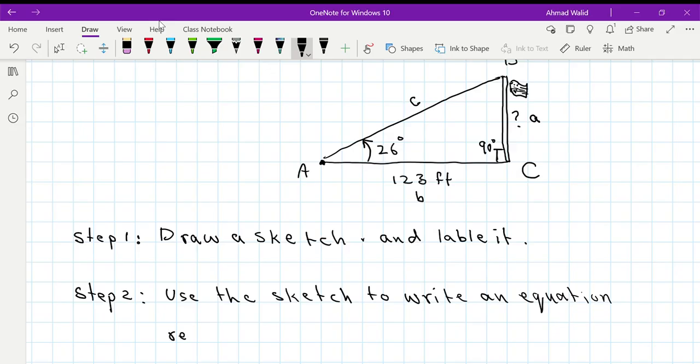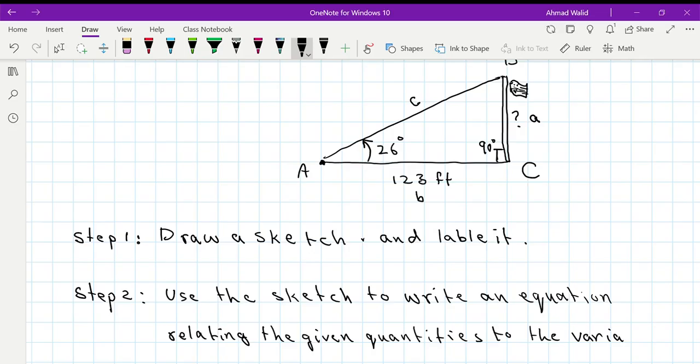This part is more important. Relating the given quantities, whatever they give you in the problem, to the variable or to the unknown, whatever you write. Now, I want to write an equation.